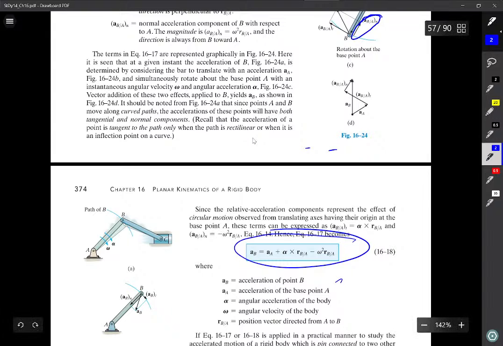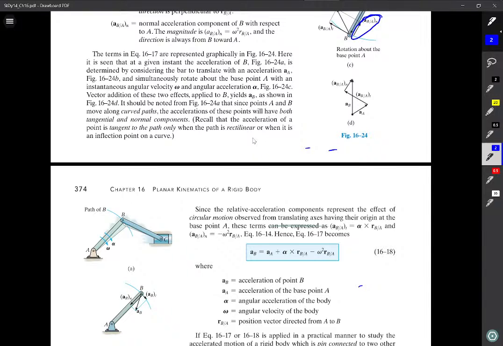And we went through the links that way, and you can look at that video. Now we're going to take that same problem and go forward with it and look for the accelerations. So I'll leave this page up because I'm going to come back and reference it.